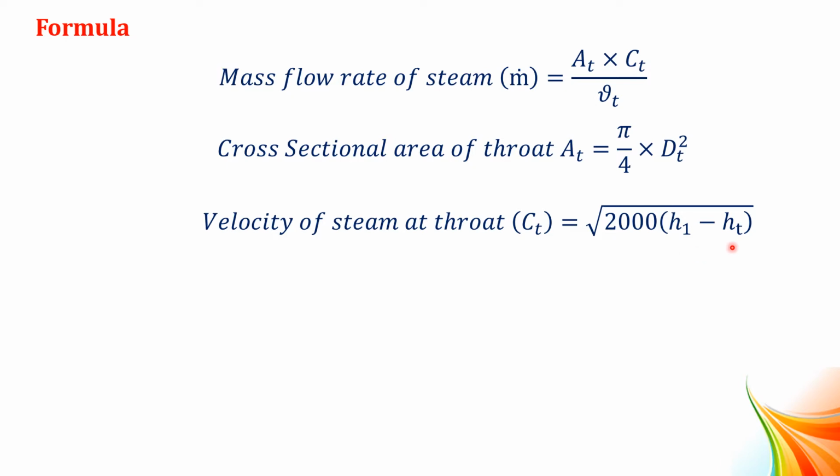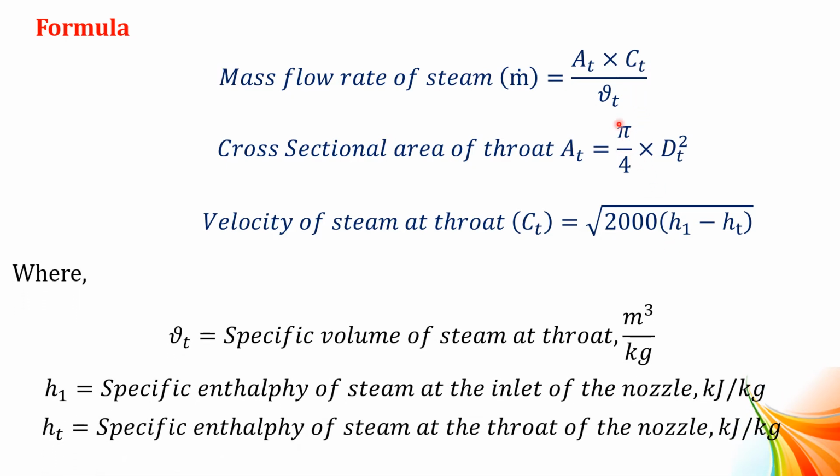Ht is the specific enthalpy of steam at throat and H1 is the specific enthalpy of steam at the inlet, where Vt is the specific volume of steam at throat in meter cube per kilogram.